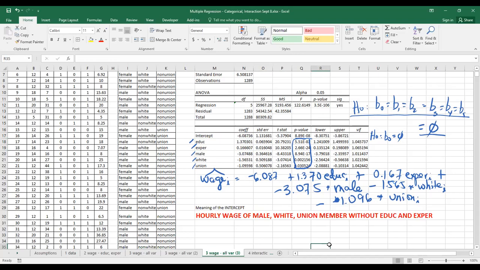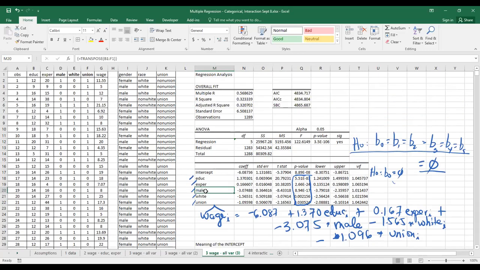Okay? Tapos ito naman guys, 0 to, ano ibig sabihin nun? Pag 0 yung gender natin, sino yon guys? Male po. Male yung 0 natin, di ba? Si female yung ginawa nating 1.